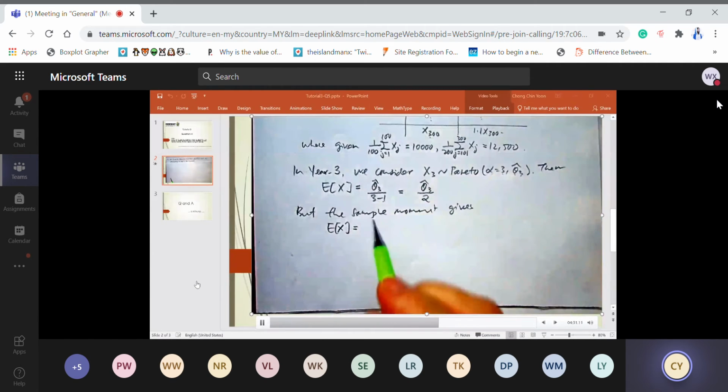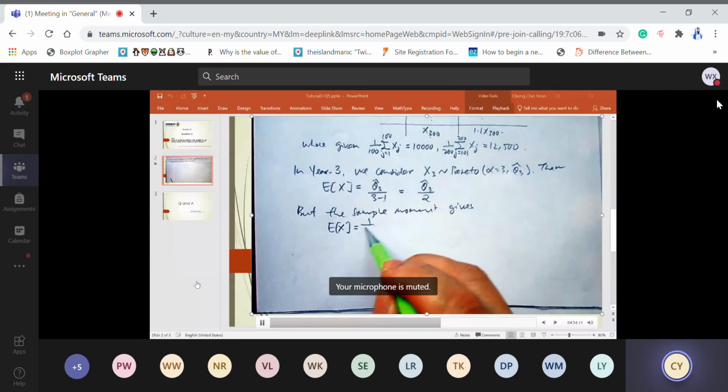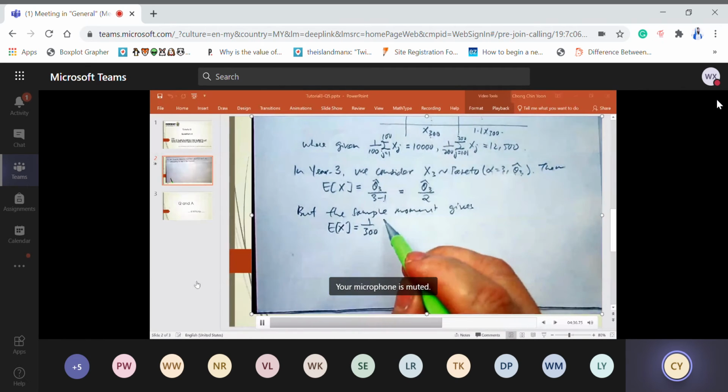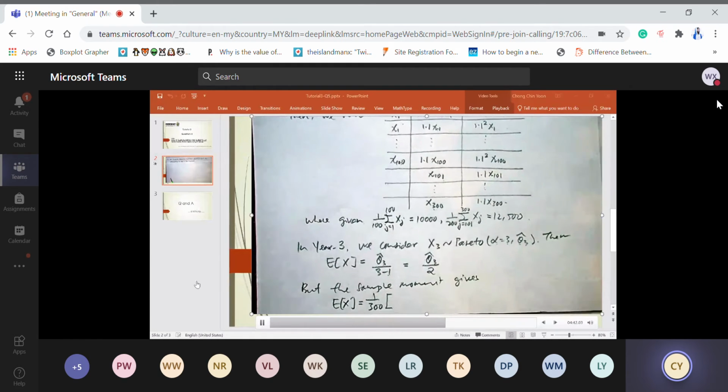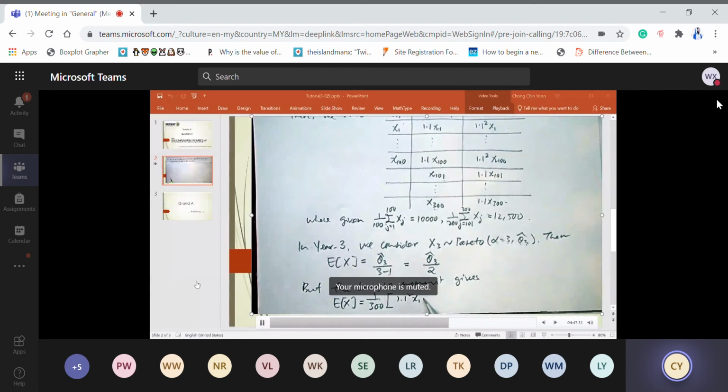So this will be equal to 1 over 300 times the sum of 1.1 squared X1 plus until 1.1 squared X100, and plus 1.1 X101 plus until 1.1 X300.